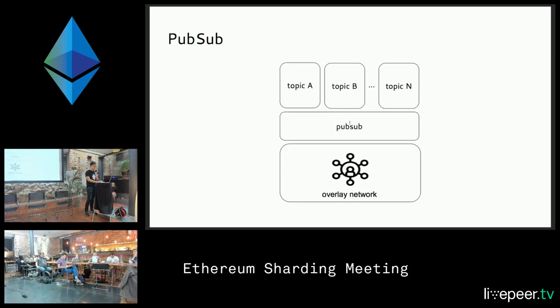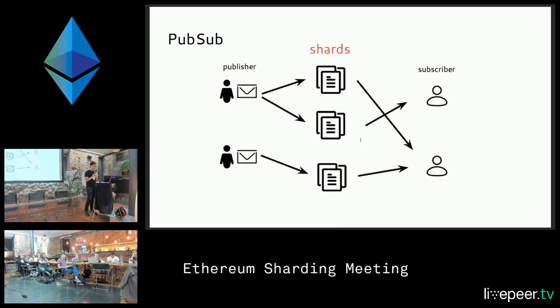In a pubsub system, it needs an underlying overlay network, and for each topic, there will be a channel on top of the pubsub. The reason we are considering pubsub is that you can imagine the shards mapped to topics. So a client can choose to subscribe to certain shards, and it will only receive the data from its listening shards.